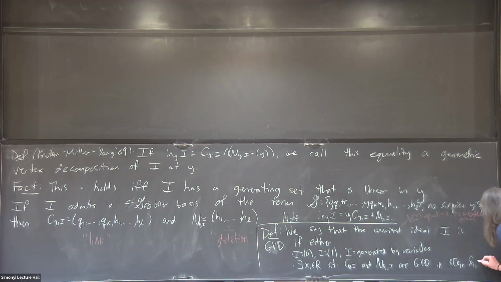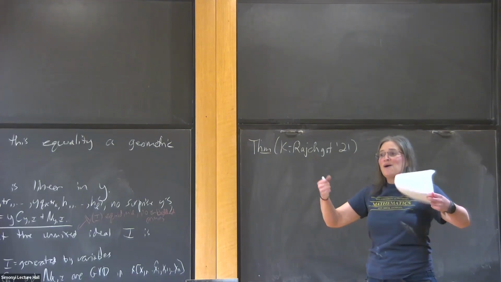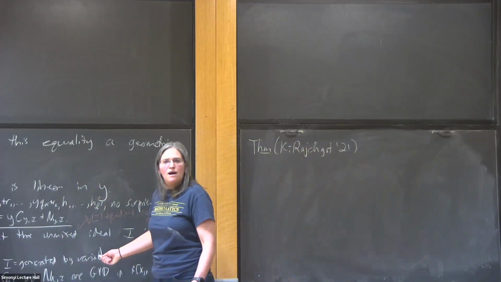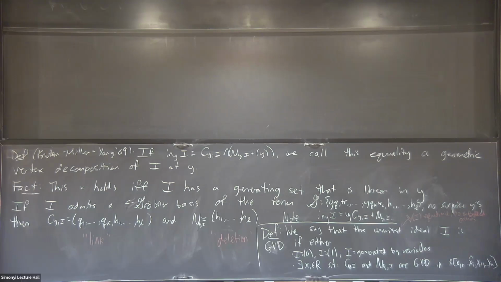This means I'm omitting x_i. So this is a recursive definition that mirrors the definition that we have for a vertex decomposition, where you choose a vertex, you split into link and deletion, you win if you have a simplex. The analog of having a simplex is one of these. Or if you can decompose and keep going.